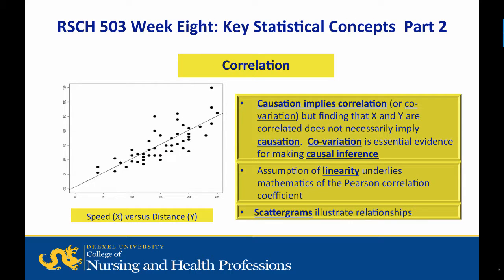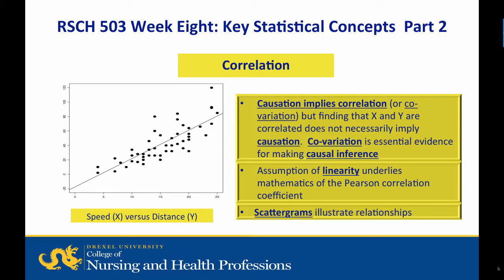Scatter plots or scatter diagrams assist in illustrating relationships between variables. In this slide, the relationship between speed, x, and distance, y, is illustrated in a scatter diagram. The r value obtained is indicative of the slope of the line, called a regression line, that can be drawn through a standard scatter plot of the values of 2 paired variables.